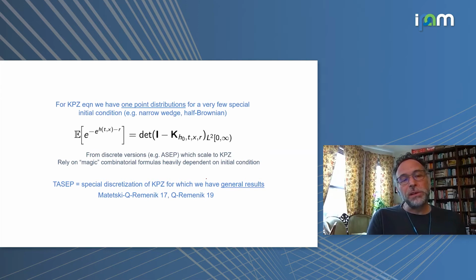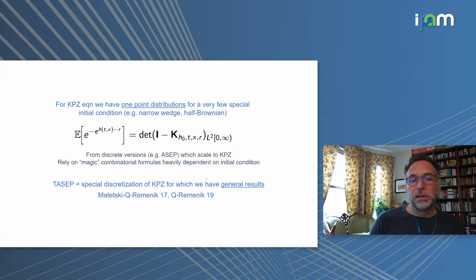And when you start with those initial conditions, there's a bizarre generating function, e to the minus e to the h, which one is able to calculate the expectation of and see that it's given by some Fredholm determinant. The generating function is given to you. You don't have any choice about it. But this generating function is a nice generating function, and it actually does determine the distribution of H.